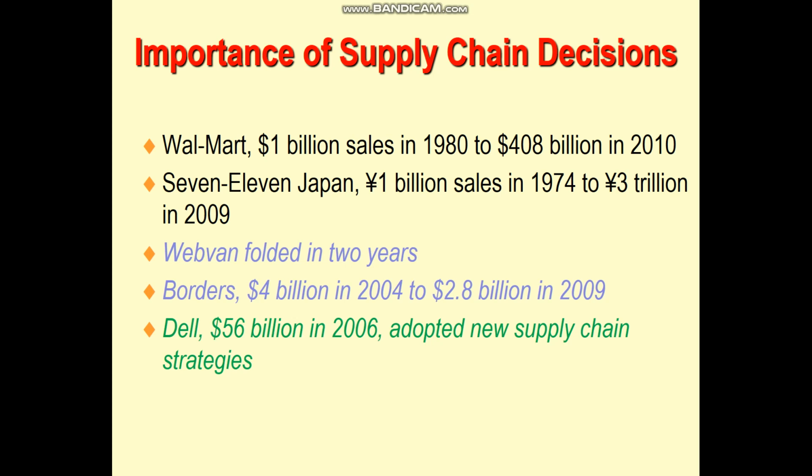Another example of success when using supply chain design, planning, and operation to grow and earn profit is 7-Eleven in Japan.